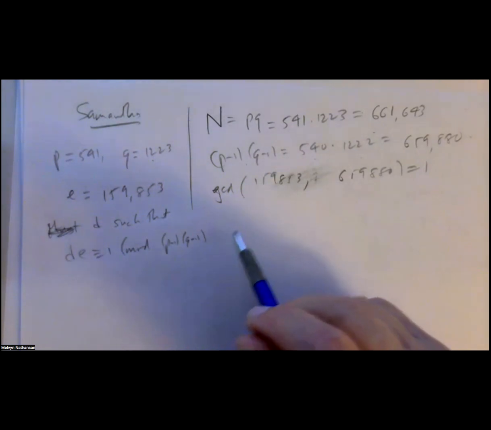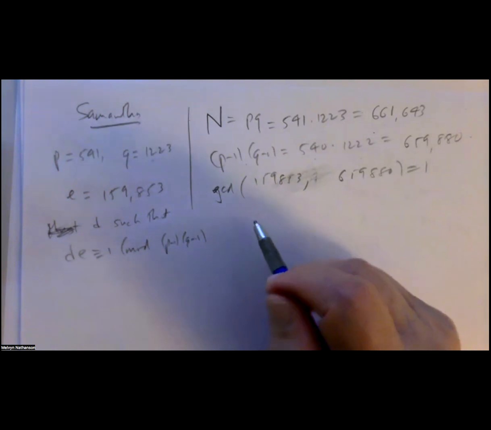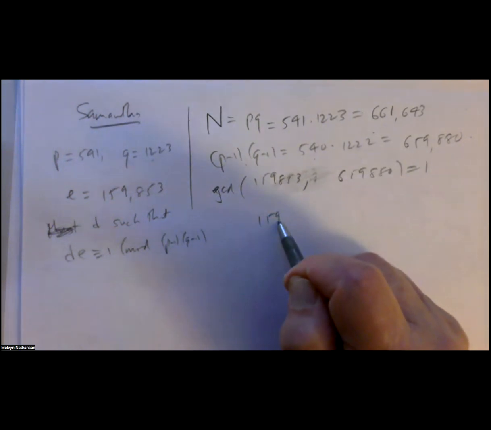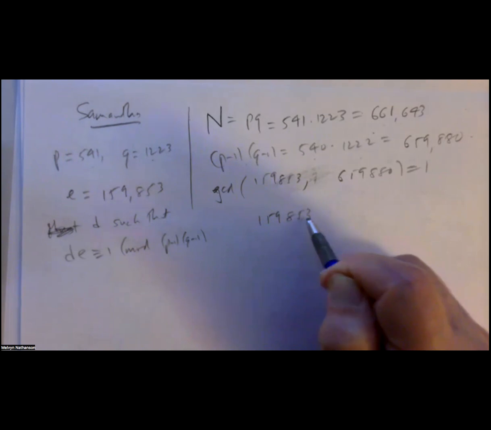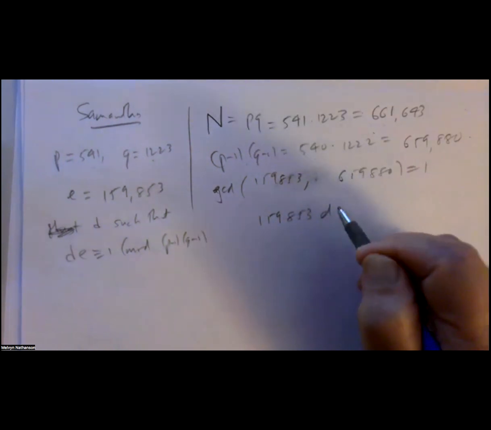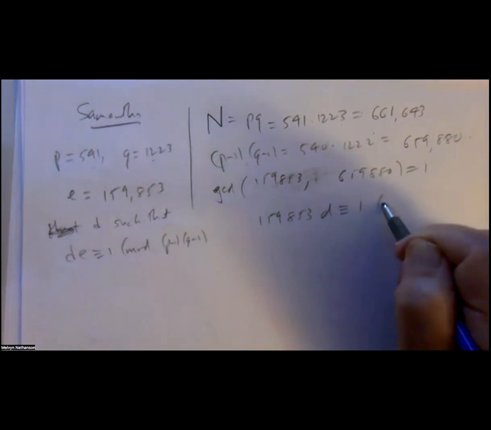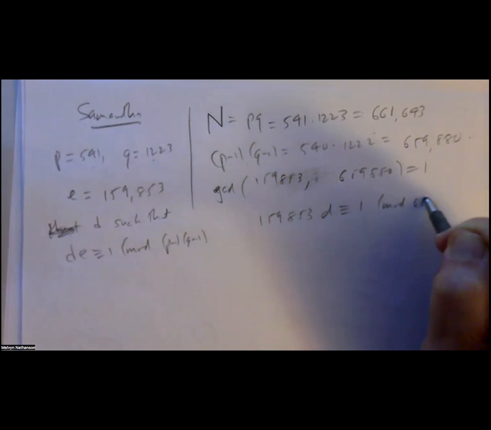How do we do this? We have to find a number d such that 159,853 times d is congruent to 1 mod 659,880.